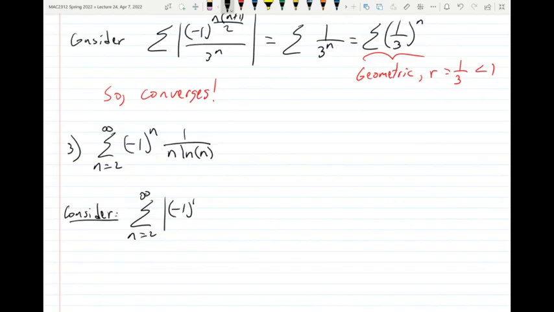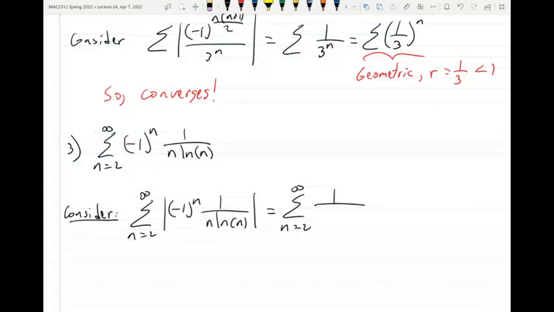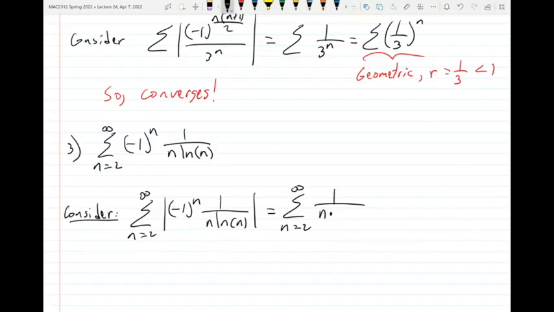So the absolute value of this would be just 1 over n times ln of n, and we have to be able to identify what this is. Now this is positive, right? This is not a p-series. If you take the limit, you clearly get 0, right? So the divergence test is not going to tell us anything here.